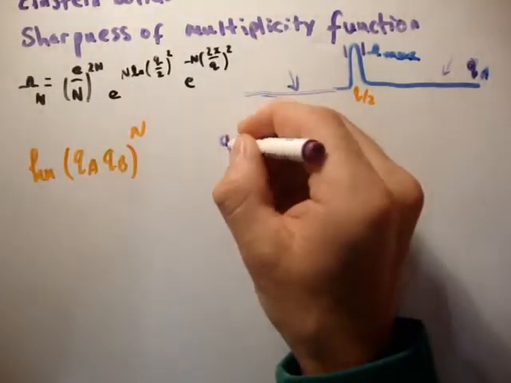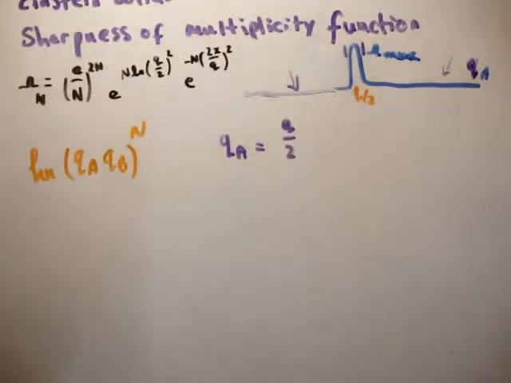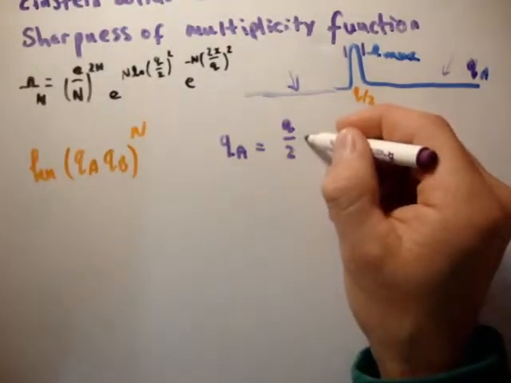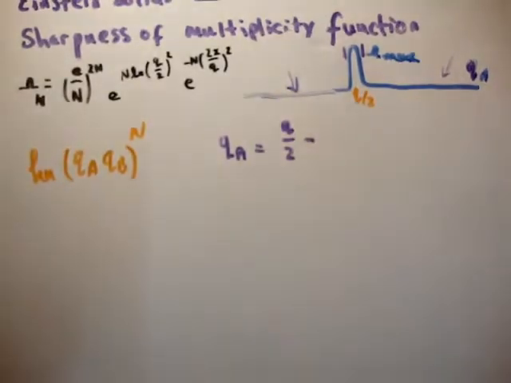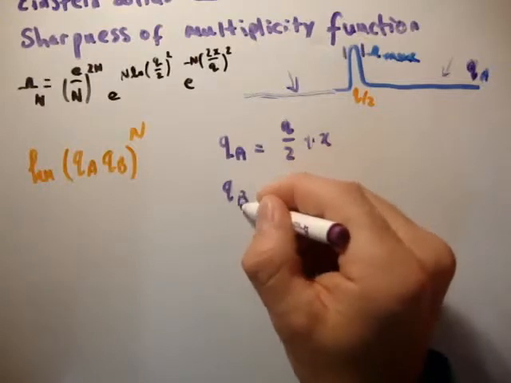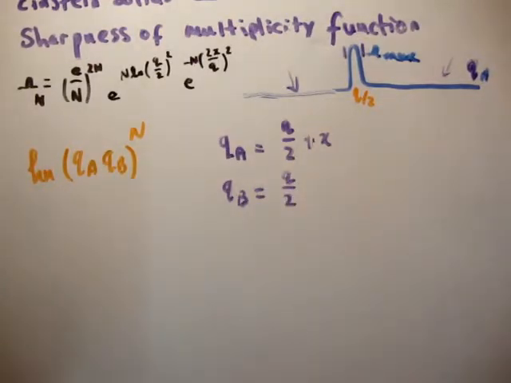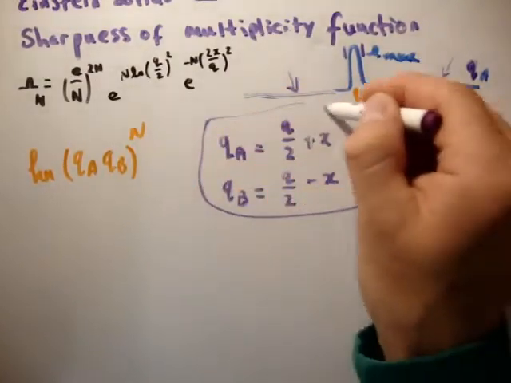So the way I'm going to do this is, we know that in equilibrium there will be Q over 2 units of energy in A. So instead of looking at the maximum, let's look slightly to the side of the maximum. Similarly, we know that there are Q sub B units of energy in B, or Q over 2 units of energy. So let's look slightly to the side of that. And we get this.